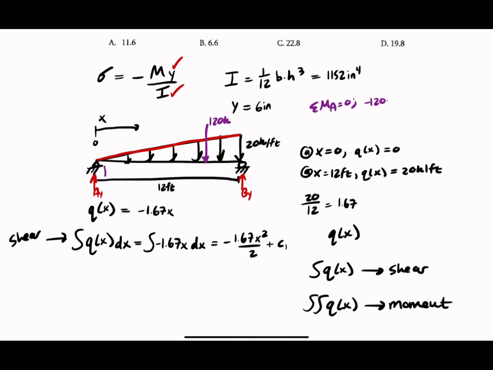Usually for triangles, this distance is 2/3 of the length from here to here. So 2/3 of that is going to be, sorry, 8 feet. Yep, that's 8 feet for that. So 8.